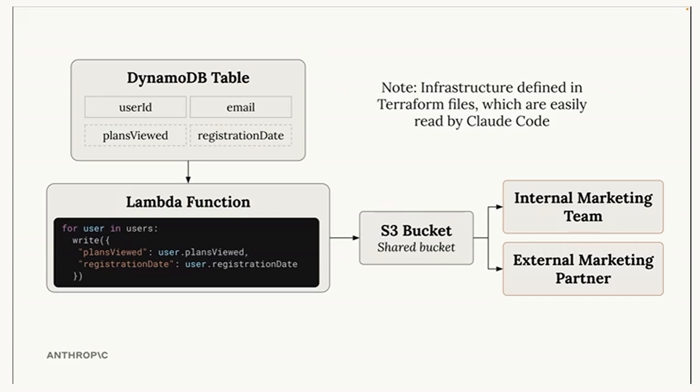So some other company has access to the data that we are writing in this bucket. So it's really important for us to always be aware of what information is being written into that bucket over time. Nightly, we might have a Lambda function pull out all the different users that have been added into that table, and then extract just plans viewed and their registration date, and store that in the S3 bucket so these two marketing teams can access that information.